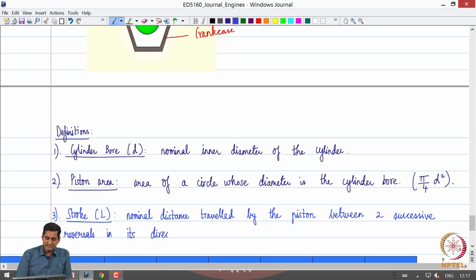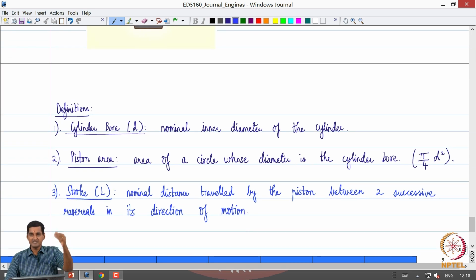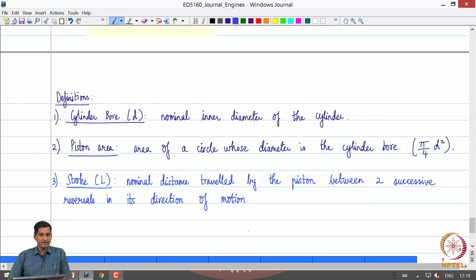Because the piston's direction of motion keeps on changing, the stroke L is the distance travelled by the piston between two successive reversals in its direction of motion. That is the stroke L.